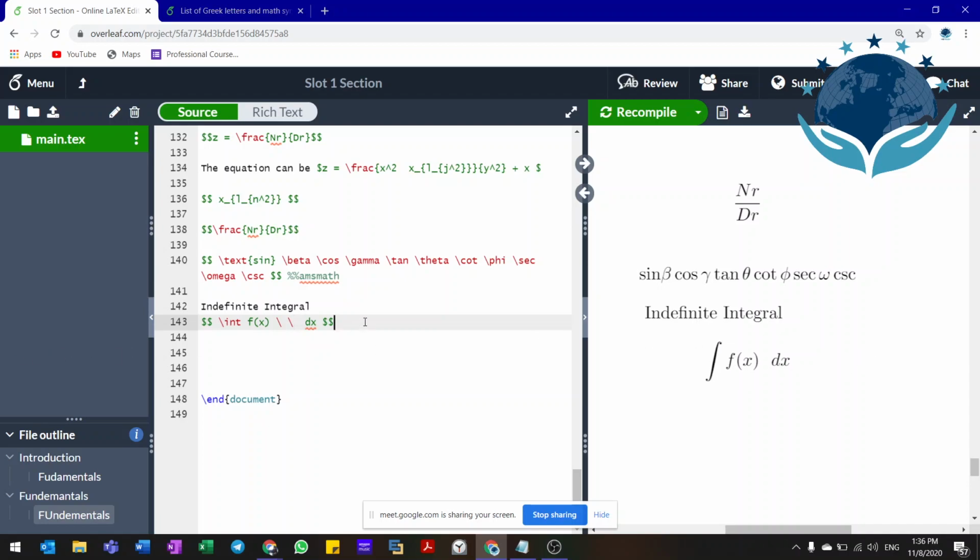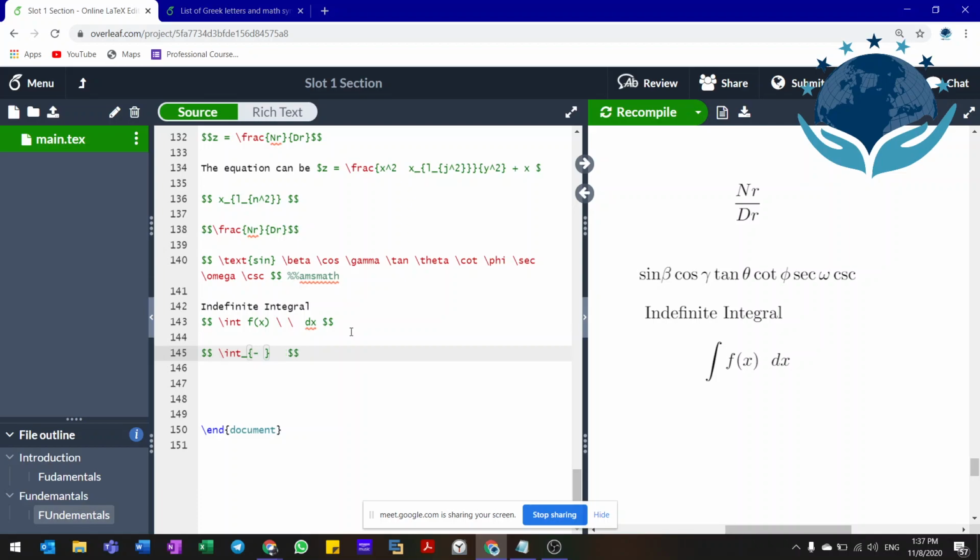Now what happens if we use a definite integral? Let's say a single integral from minus infinity to plus infinity. For this, I am going to use only slash int, whereas for giving the lower limit, we use the underscore. In the underscore, let's say I give minus infinity.